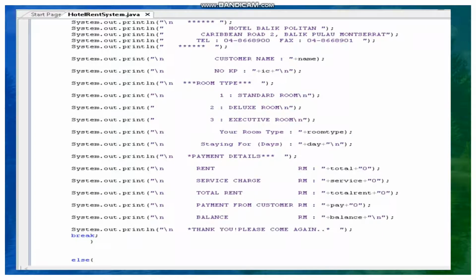Okay, these are the receipts. As usual, there's a customer name, IC number, the type of room, when they will be staying, rent, service charge, total rent, payment from customer, and balance.